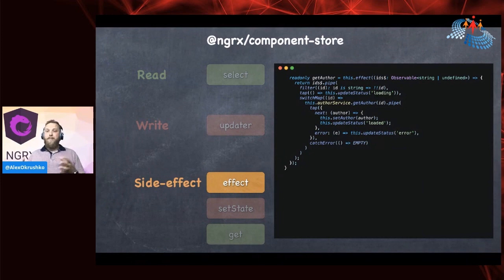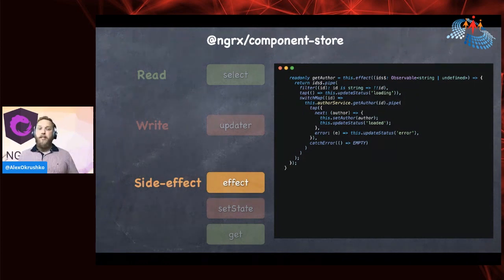If we have an error, our update status was set to error, right? And somebody else, somewhere can pick it up and show the error message. And one last thing is, if there is an error, we basically need to catch this error and transform it to empty before we flatten this into the main stream.